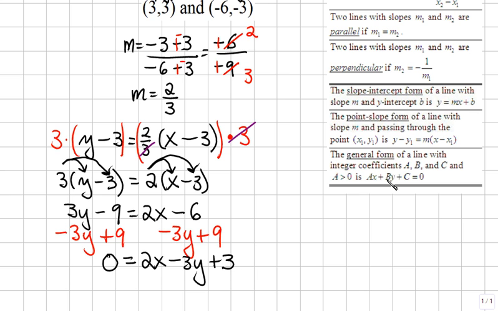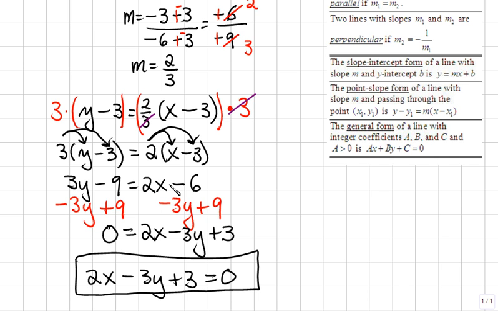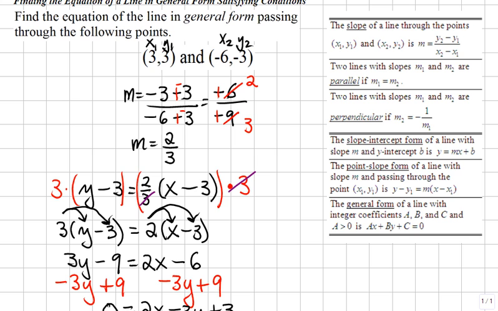Writing this in our final form, we get 2x minus 3y plus 3 equals 0. This is the equation of the line in general form that passed through our original points of (3, 3) and (-6, -3).